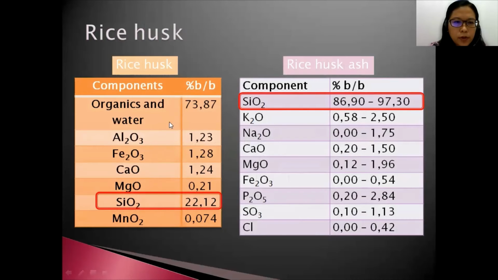It is composed of about 75% organics and water, and the rest are minerals. And among the minerals of the rice husk, silica is quite dominant, with a composition of more than 90%. So rice husk is a very good source of biosilica particles.